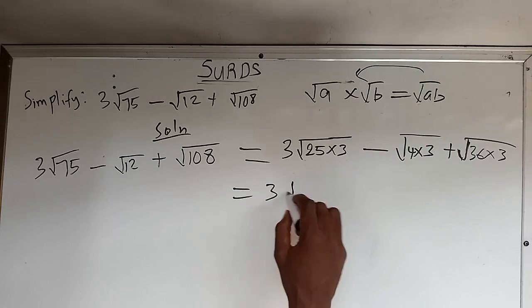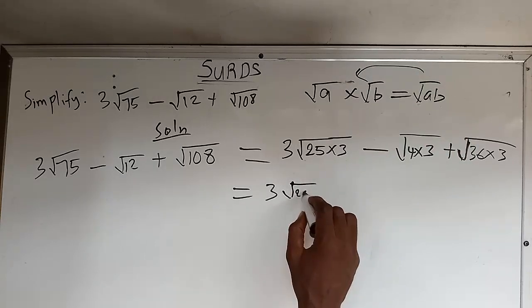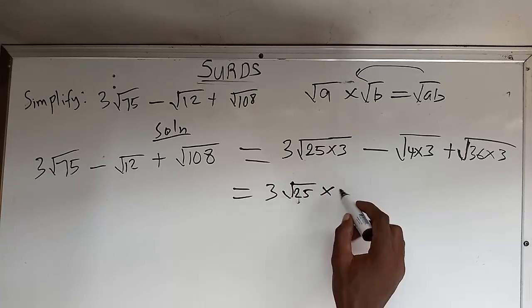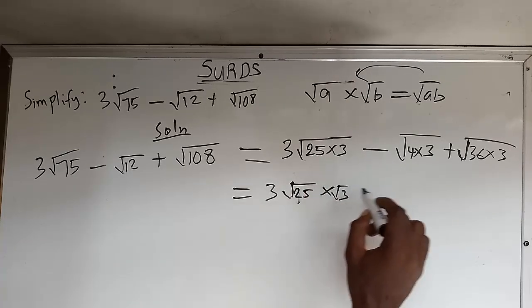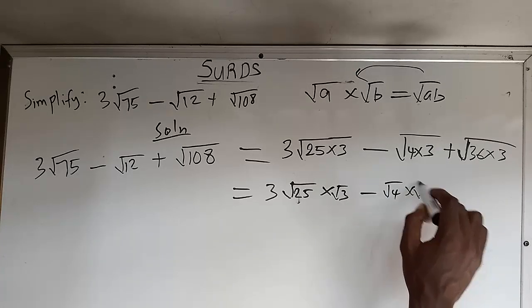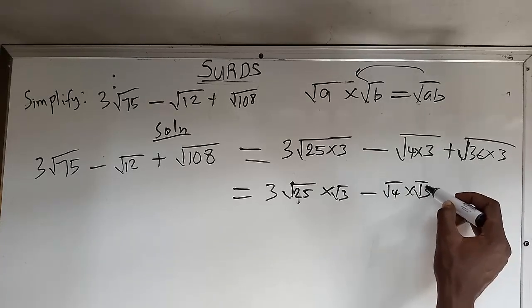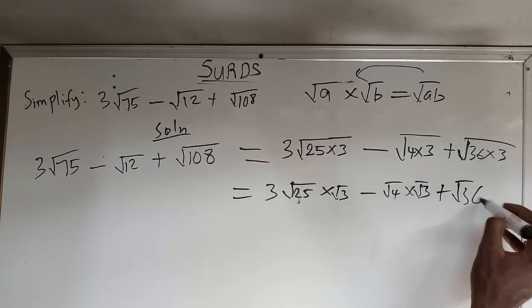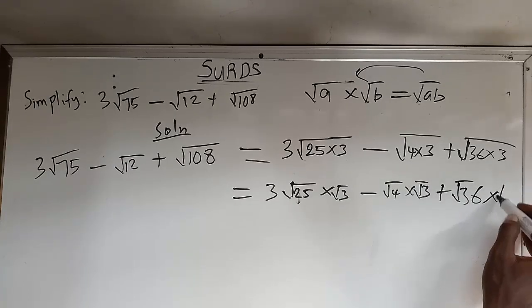We get root of 25 times root of 3 minus root of 4 times root of 3, then plus root of 36 times root of 3.